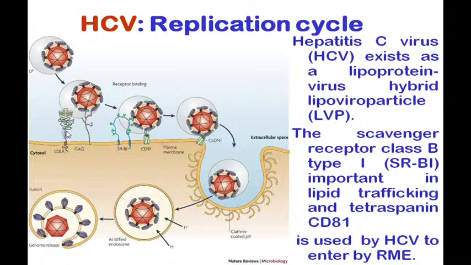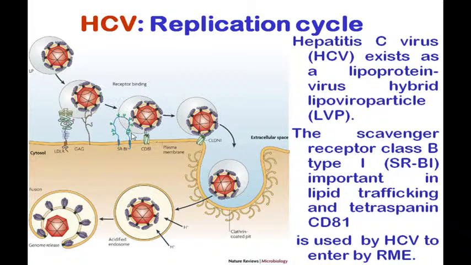You can see here the scavenger receptor class B type 1, scavenger receptor B1, which is usually important in lipid trafficking, and the second one is CD81. Those receptors are used as the critical receptors for virus entry, and it's understandable because these are for lipid traffic.